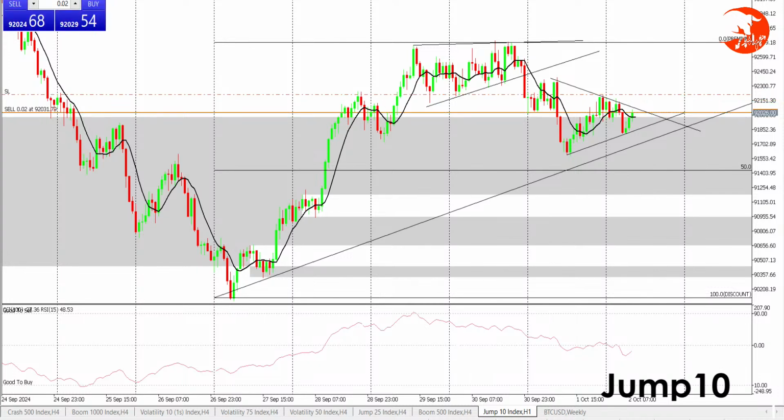Now I'll be aiming at taking my TP there. That will be my TP. So if it breaks and comes down below here, I'll be aiming at that. But the actual target is this move here. This would be the second TP.